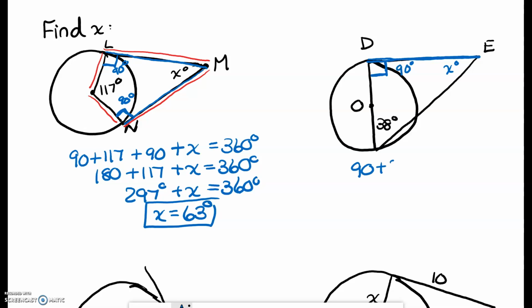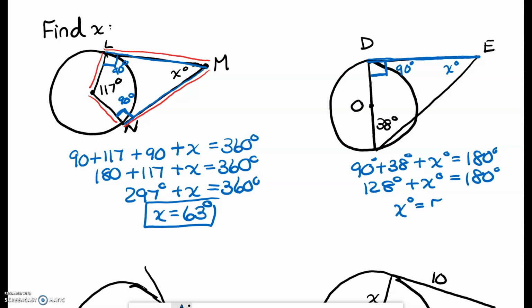So I have 90 degrees plus 38 degrees plus x degrees equals 180 degrees. So that's 128 degrees plus x degrees equals 180 degrees. When I subtract, I get 52 degrees for x.